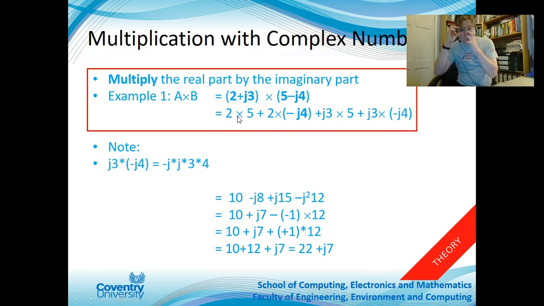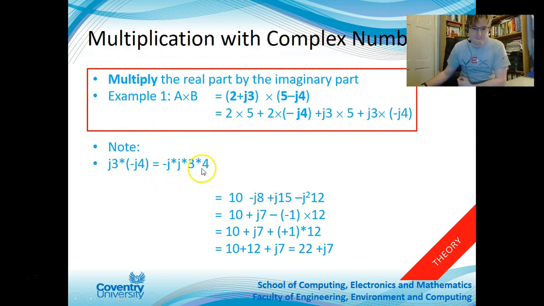You've got 2 times 5, which gives you this 10 term here. You've got the J squared term for the 3 times the 4, so you've got this minus J squared of 12 term here. You've got the 2 times the minus 4J, which gives you this minus J8 term here, and the 3 times the 5, which gives you the plus 15J term here.